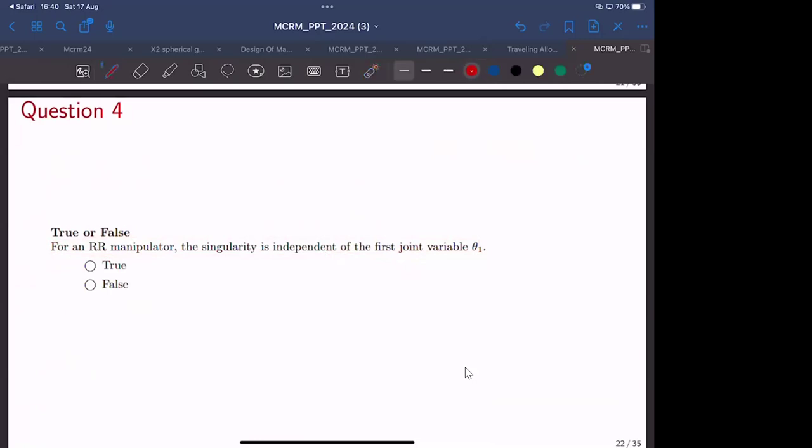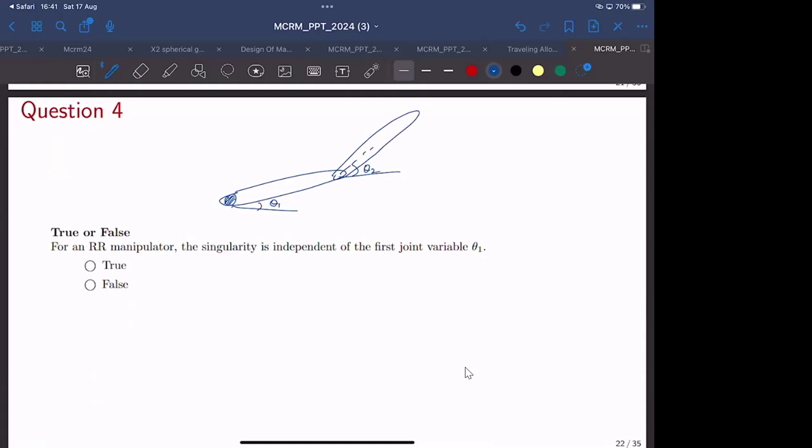You can do this in two ways: intuitively, or you can actually derive the conditions for singularity. That is the second way. So intuitively speaking, if you have an RR manipulator like this, I'll call the first joint variable theta1 and the second joint variable theta2.